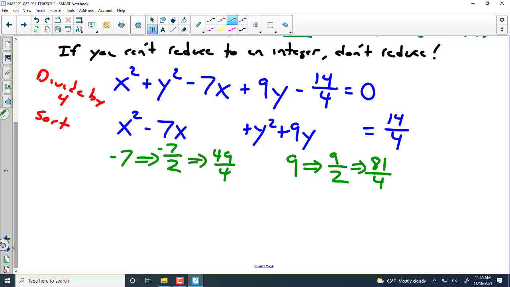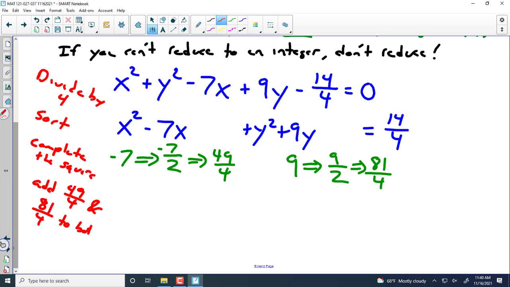I divided everything by 4. I did a sort. I complete the square. Now I add 49/4 and 81/4 to both sides.